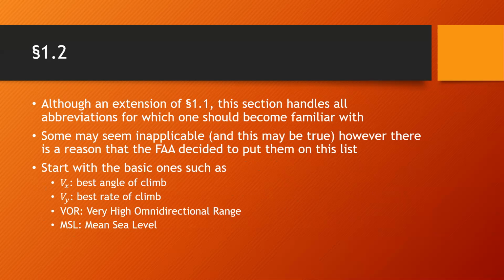A lot of people don't necessarily need to know that it means very high frequency omnidirectional range because that doesn't make any sense. We just refer to them as VORs, and as long as you know what a VOR does, it doesn't matter necessarily what the definition is. But these are terminologies that you should be familiar with. So as long as you know what the acronym means, you'll probably be fine. You don't necessarily need to know what it stands for, unless it's stuff like mean sea level. Then, of course, MSL is equivalent to mean sea level. That's helpful in determining what it means.